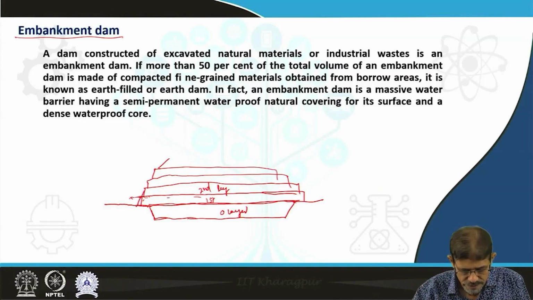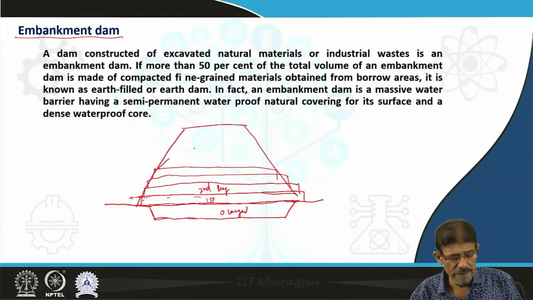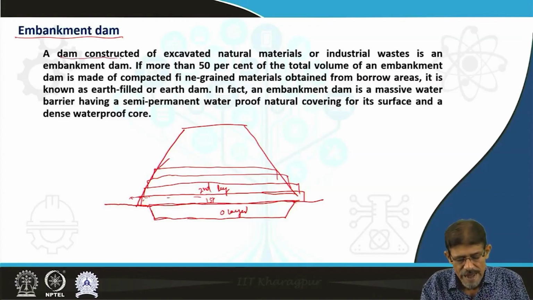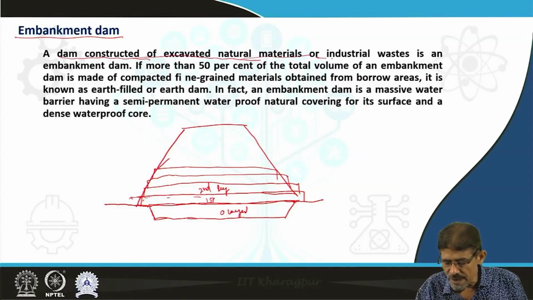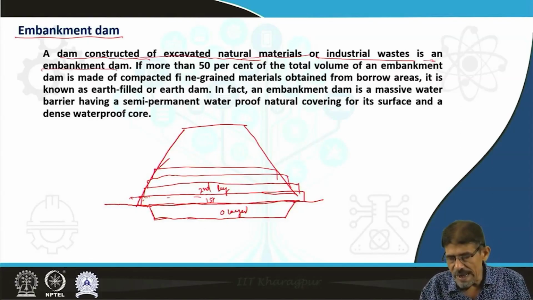So in this way we are going to make this type of embankment dam. A dam constructed of excavated natural material or industrial waste or any type of material is an embankment dam, by placing layers one by one.